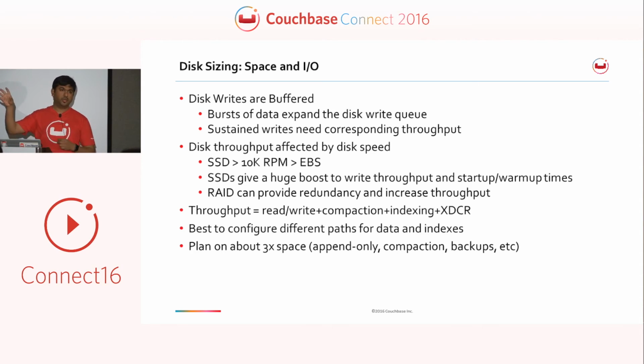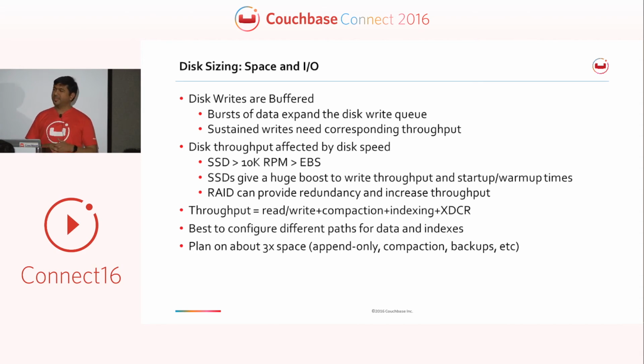Disk write queue is one of the KPIs available on the bucket stats, so you can keep an eye on it and make sure that it grinds down. Over a period of time, it has to go down. You can check the average age of the documents, for how they're going to commit. If it keeps getting higher and higher, it means that your disk is not able to handle the throughput, so you should try to size it correctly.